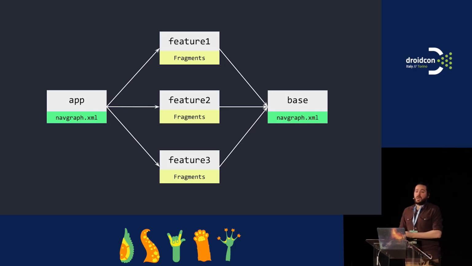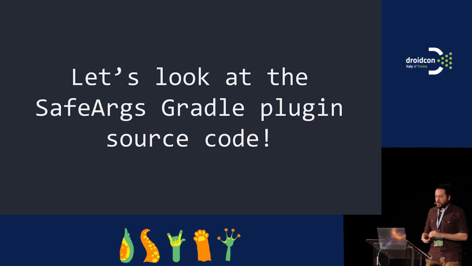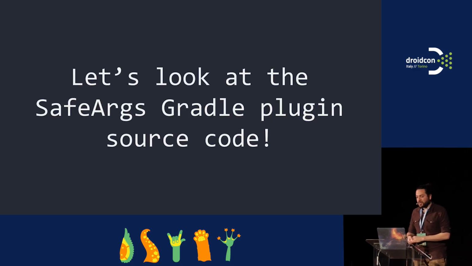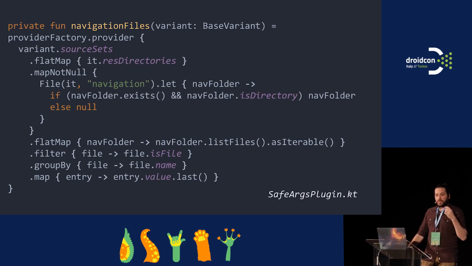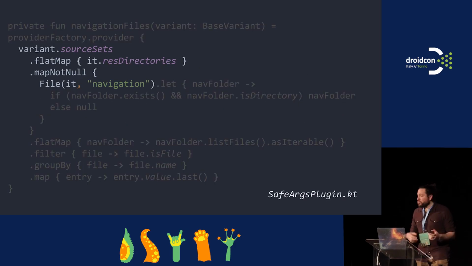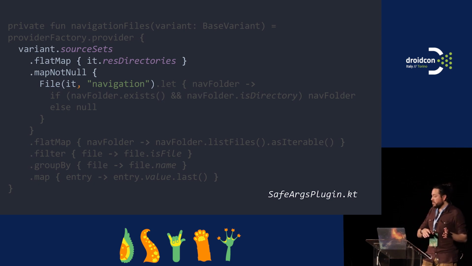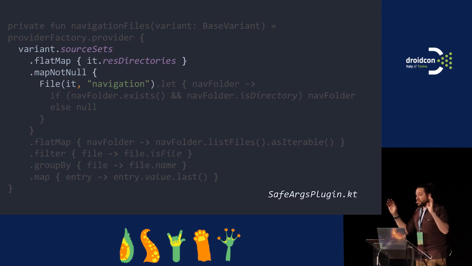How to do that? We scratched our heads a little bit, and we had the idea to look at the Safe Args Gradle plugin source code. What we found was really interesting. To generate the Safe Args classes, the plugin looks at the variant source set, checking for the navigation folder.